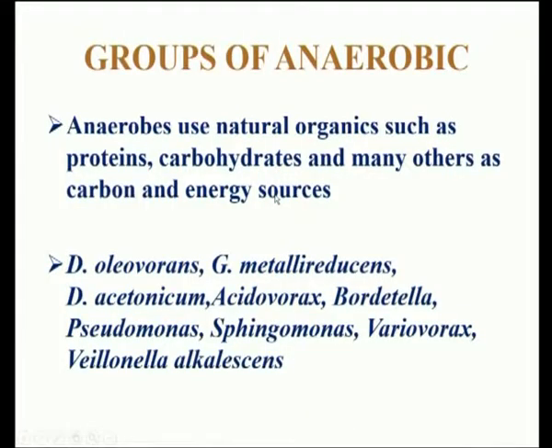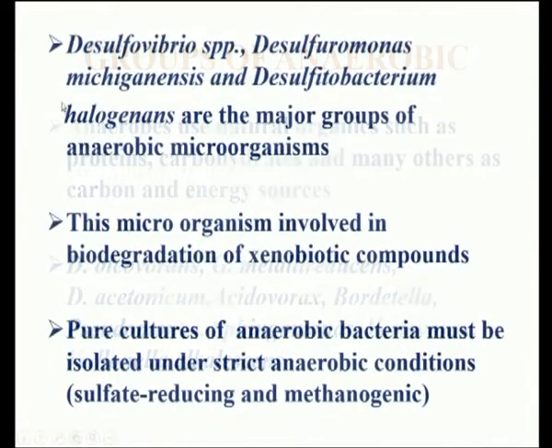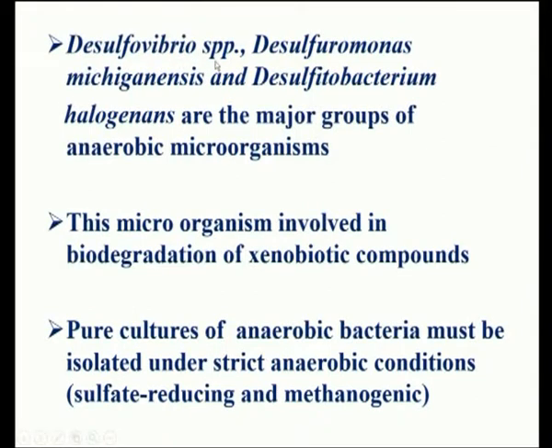Some of them shown here: Desulfovibrio, metal reducers, acetogenicum, Acidovorax, Bacteroides, etc. These are some of the microorganisms which belong to anaerobic groups which degrade the polymer substance. Desulfovibrio, Desulfomonas, Methanogens and some other microorganisms shown here are major groups of anaerobic microorganisms.